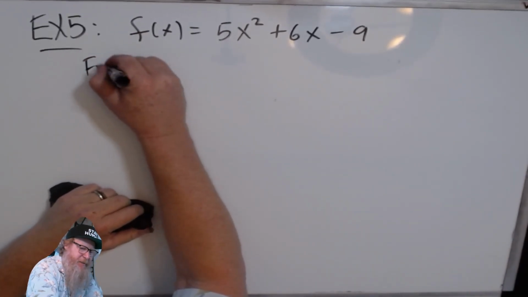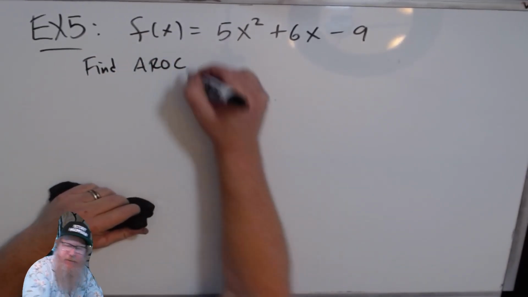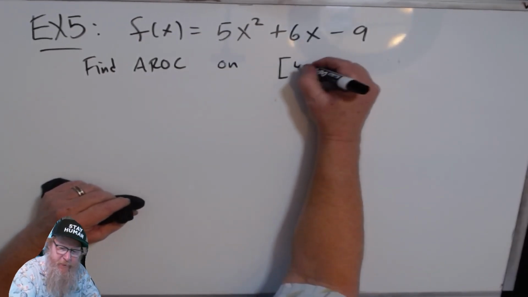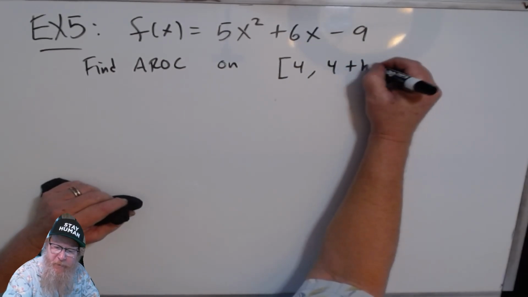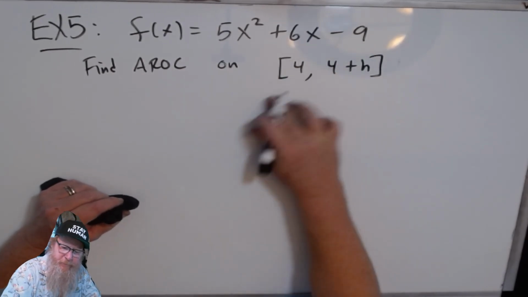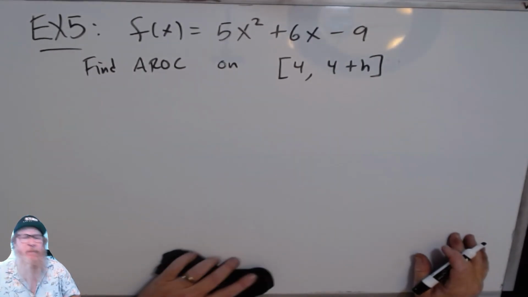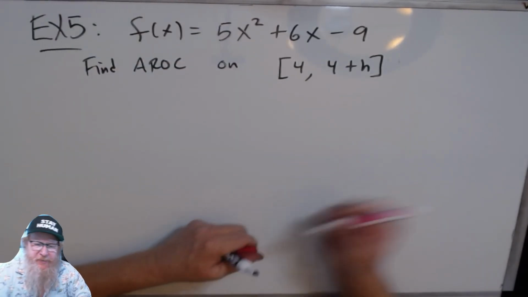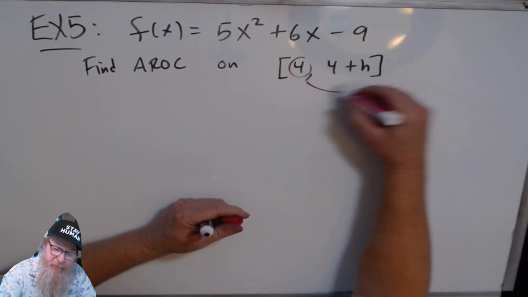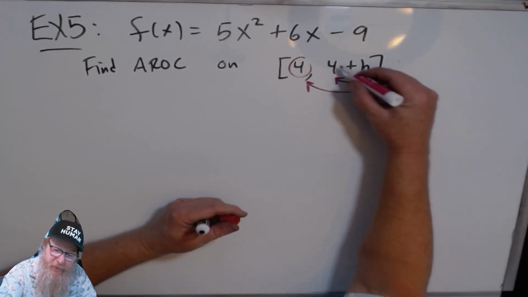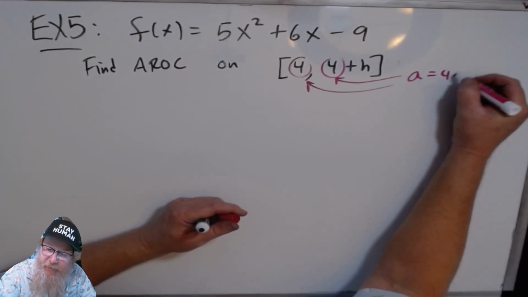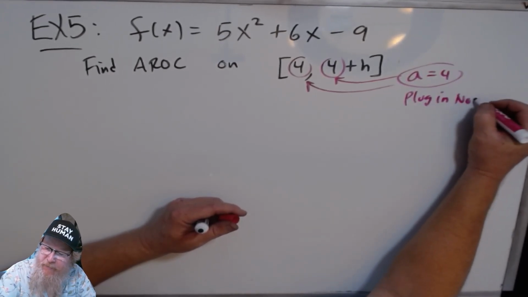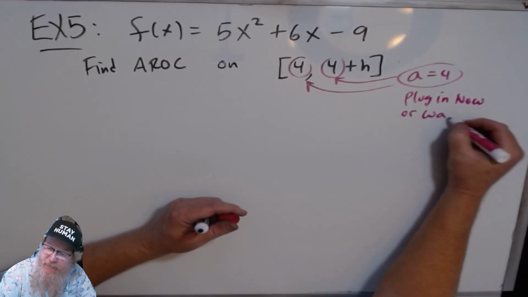Let's find the AROC on the interval 4, 4 plus h. So I will just make a little side note based on what we just did. A is 4. You can plug it in now, or you can wait. It's up to you.